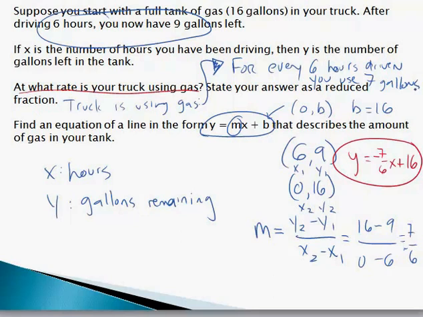Okay, so that's in words. Now in green, let me write it as an actual rate. That is, the rate or the slope is 7 gallons for every 6 hours. Okay, and I'll put a negative in front of that because it's going down. Okay, that's the rate. Every 6 hours I drive, I use 7 gallons of gas.